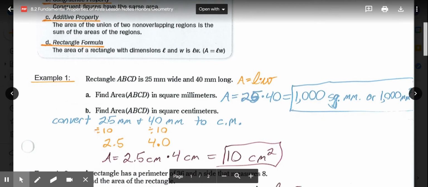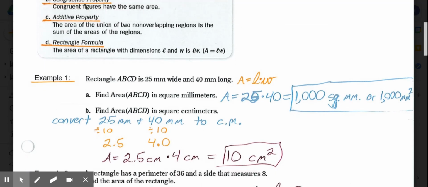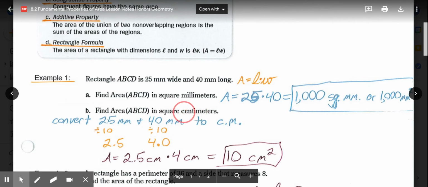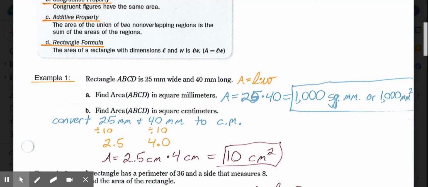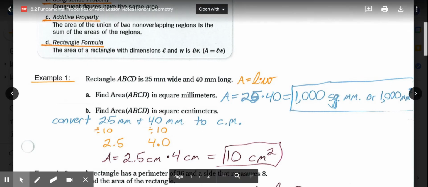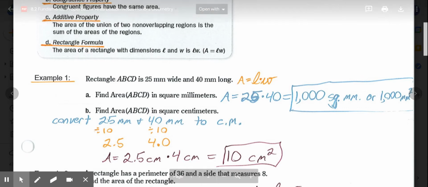But then in part B, they're asking us to find the area in square centimeters. Now, I'm going to show you how to convert the units before you figure out the area. There is an approach to convert them after, but in my mind, it's a bit trickier. So we're going to go with the convert before the area.